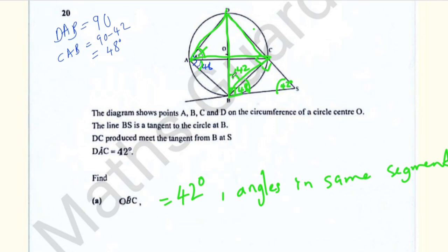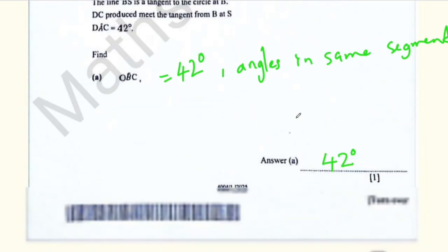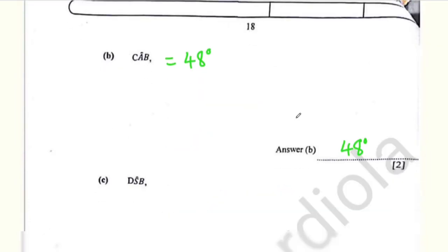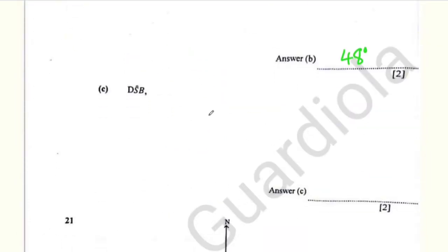So the angle at C of DBC or DCB there is 90 degrees, which also means the other angle outside there is 90 degrees. Since the angle sum of a triangle is 180 degrees, 180 minus 90 minus the 48 that we've calculated makes the angle DSB equal to 42 degrees. Okay, so this is how we can solve this triangle. DSB there is equal to 42 degrees.